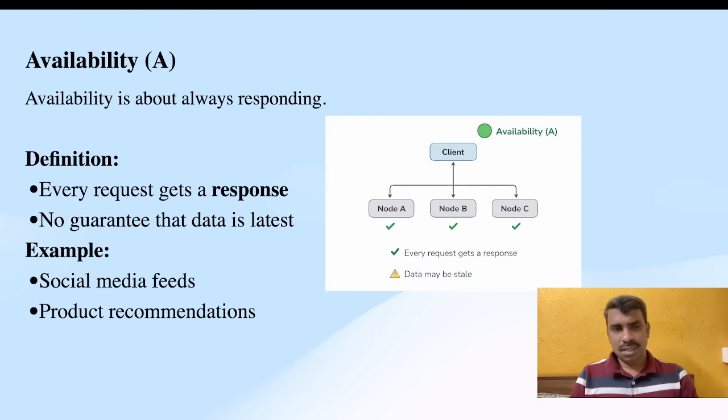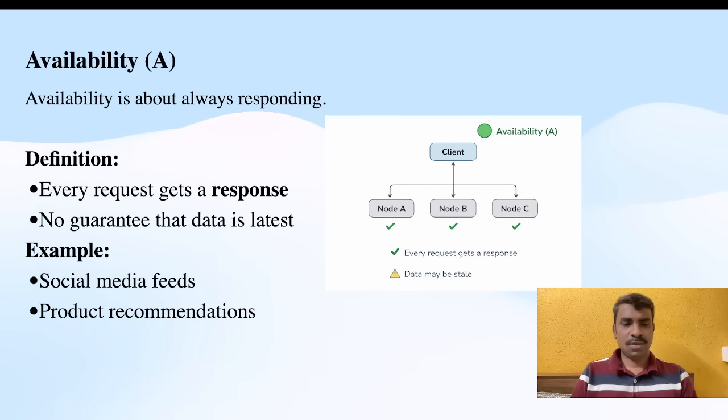Availability is about always responding. It means it should always respond. So here for every request you will get a response, but there is no guarantee that the data is latest. It may be stale data, it may be previous data.